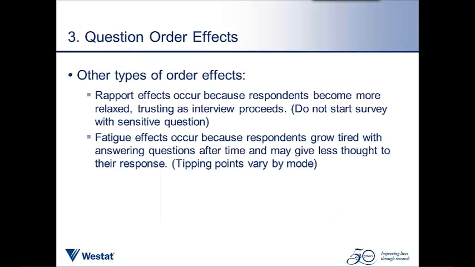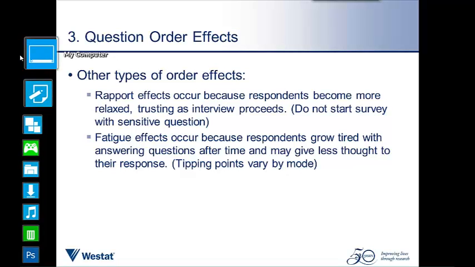There are some other types of order effects that occur that you should be aware of if you're not already. The first is called rapport effects. And this has to do with what goes on at the beginning of the survey. At the beginning of responding to a survey, particularly an interviewer-administered survey, there's a high degree of nervousness, uncertainty. What is this relationship going to be like? Who is this stranger standing in my doorway or calling me on the phone?